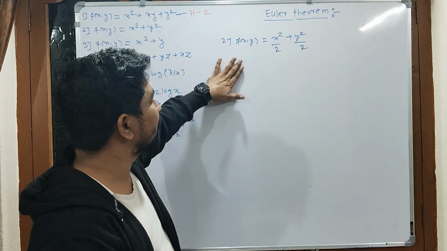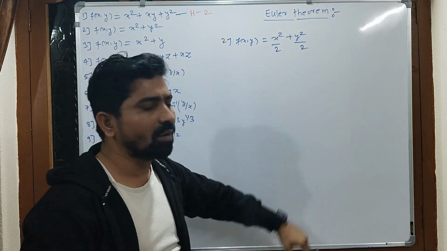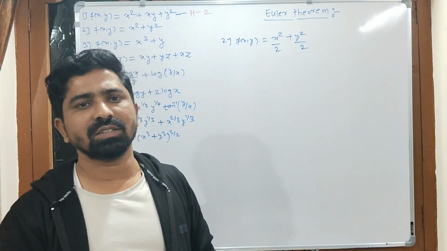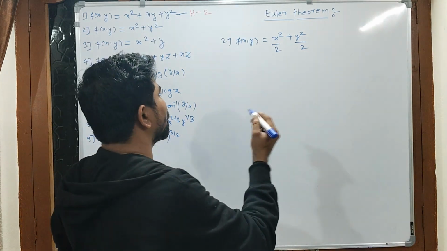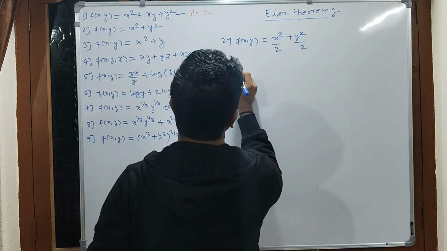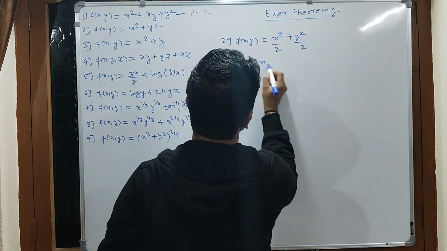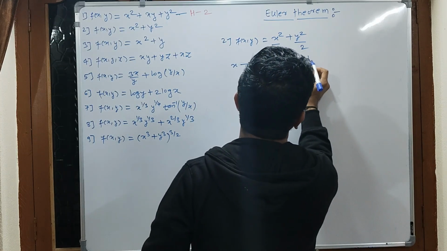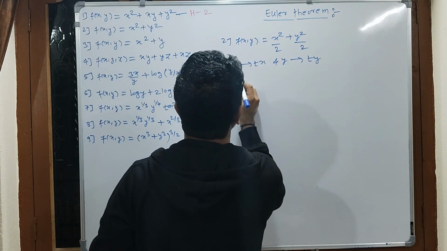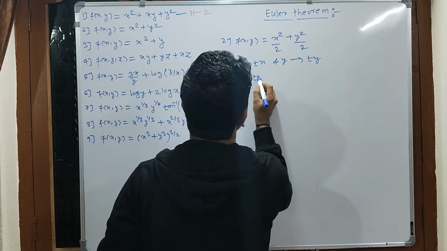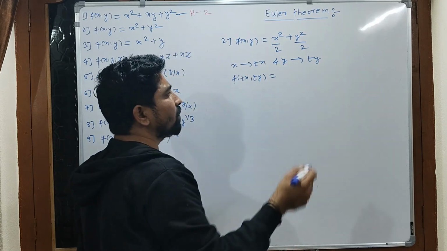Now I want to check with the help of the definition. Replace x by tx and y by ty. I want to show f of tx comma ty equals t to the power 2 times f of x comma y.